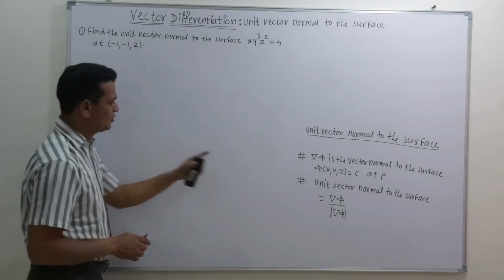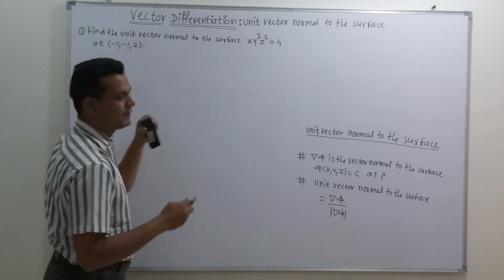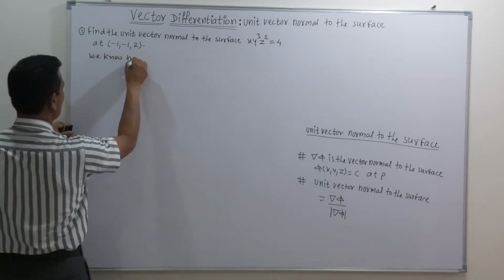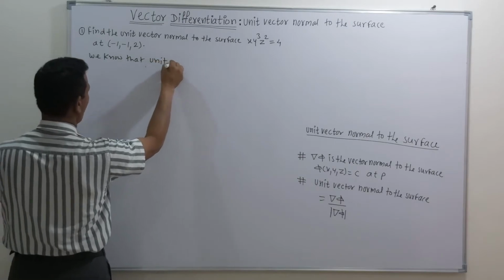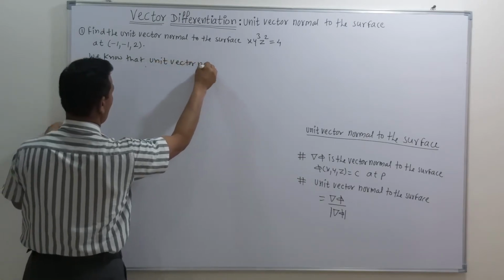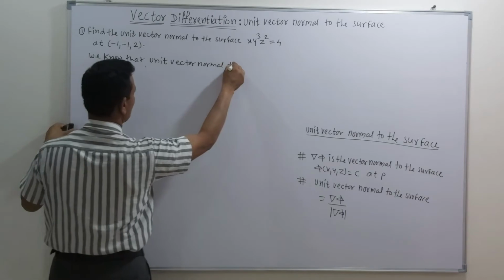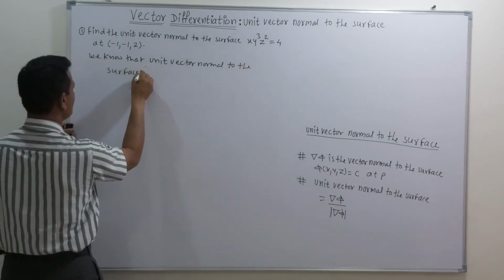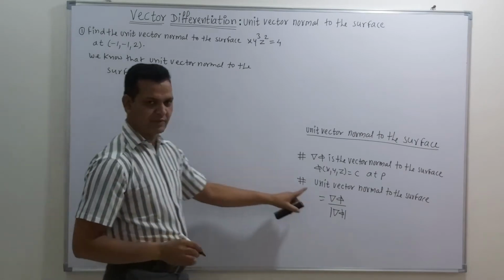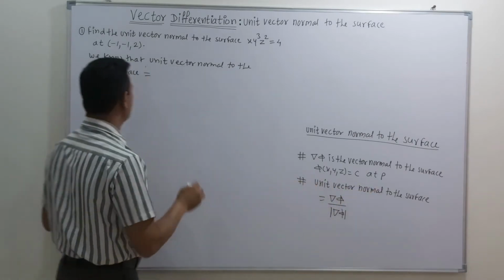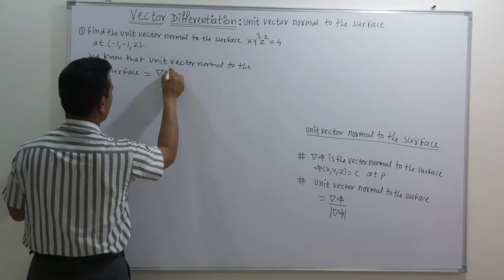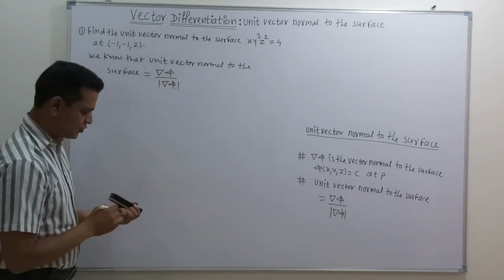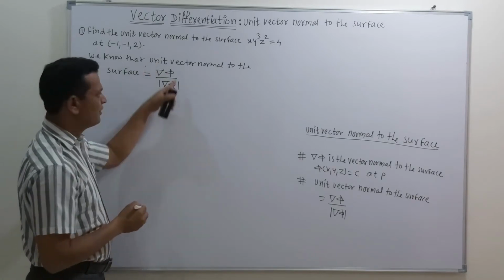To find the solution, we know that the unit vector normal to the surface is defined as del phi upon magnitude of del phi. To solve this example, we need to find the value of this term.